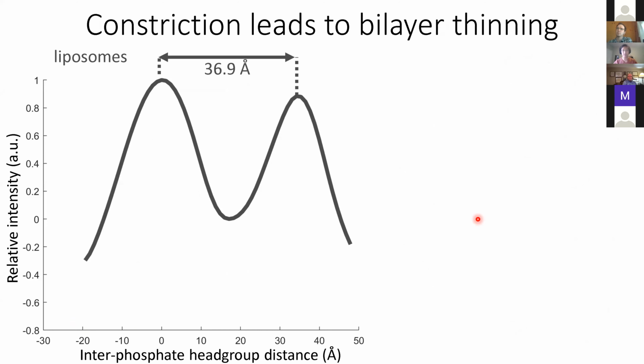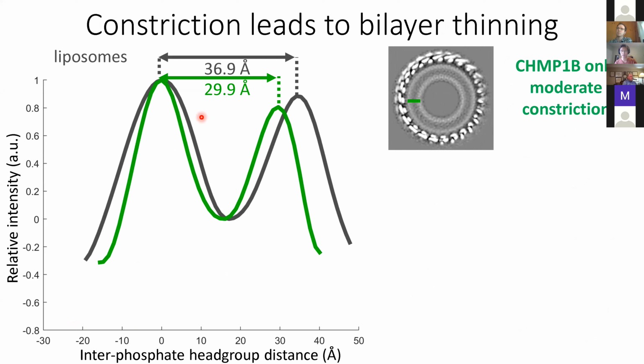Finally, one of the last things I want to talk about is that as a function of constriction, we saw that the bilayer thickness was decreasing, or the bilayer was thinning. So we measured our starting bilayer thickness to be around 37, 38 angstroms. Then we measured the bilayer thickness from our moderate constriction state by measuring the distance between the inner leaflet and the outer leaflet. And already in that first stage of constriction, we've decreased from around 37 angstroms down to 30 angstroms.